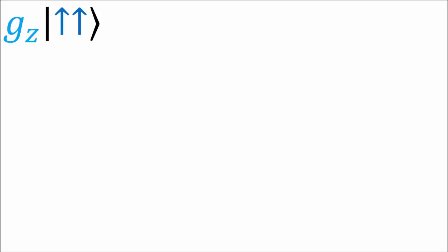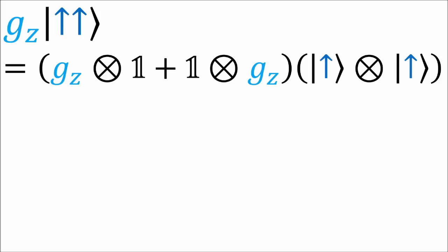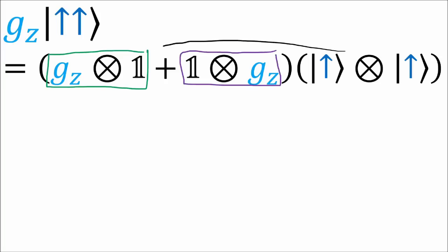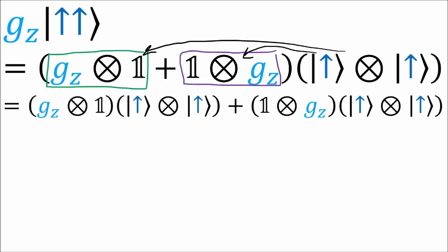We can write out the operator in the tensor product representation using the definition we just learned for Lie algebras. And we can write the state using the tensor product notation. Here we have a sum of two linear maps, so we just distribute the input to each linear map in the sum. Next, we pass the tensor product inputs to the tensor product of the operators.